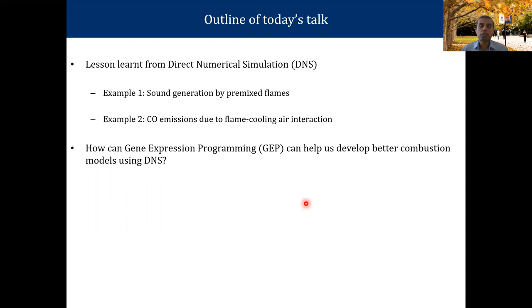In example two, we look at CO emissions due to flame cooling interactions. We're going to concentrate on one of these potential reasons in this presentation. And finally, I'm going to show you how we can use gene expression programming, which is one class of machine learning, to develop better combustion models with the help of DNS.